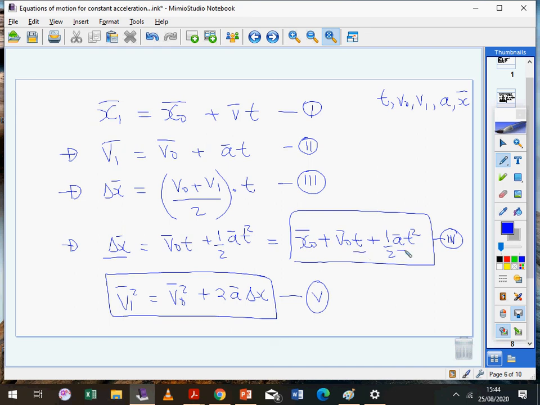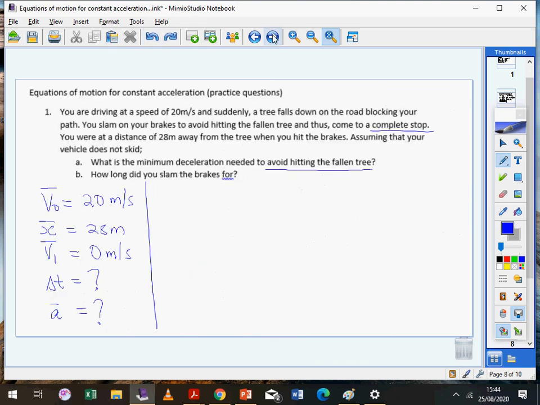The best one to use in this case would be this one right here, because we have final velocity, initial velocity, displacement, and we need acceleration. So we're going to use the equation v1 squared equals v0 squared plus 2a times displacement.